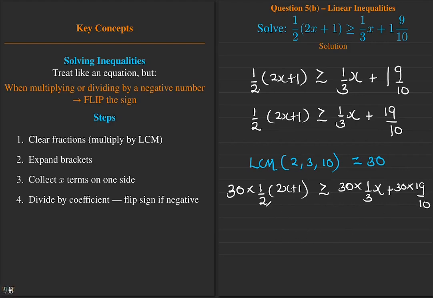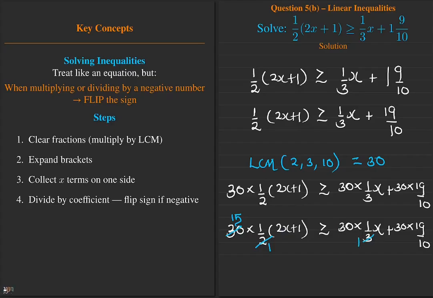In doing so, 2 divides 30 15 times. So let me just copy that and then I'll do the cancellation. So we'll say 2 divides itself once and then it divides 30 15 times. Then we have 3 dividing itself once and it also divides 30 10 times. And we have 10 dividing itself once and then it divides 30 3 times.